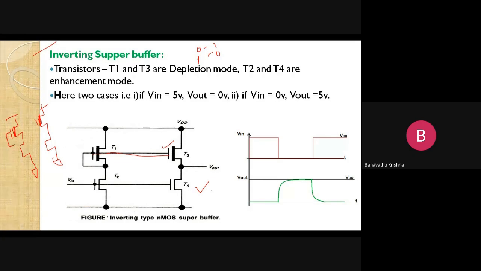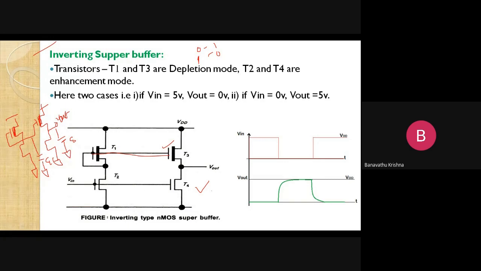Let us draw the circuit diagram here. Next, I want to add the load here, that is the load capacitance CL. This is the output response, V out, and the load capacitance is CL.